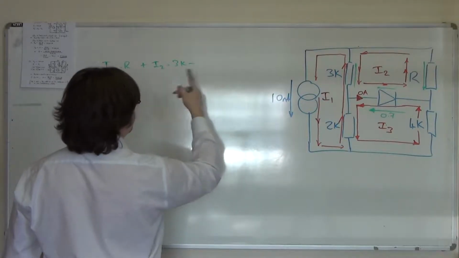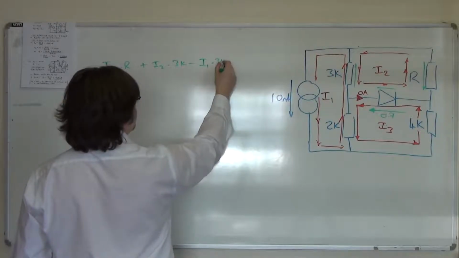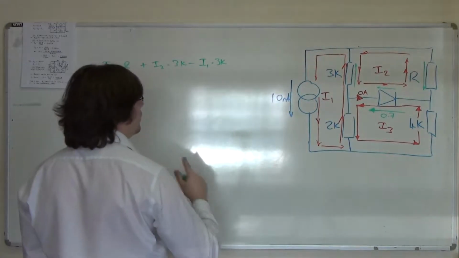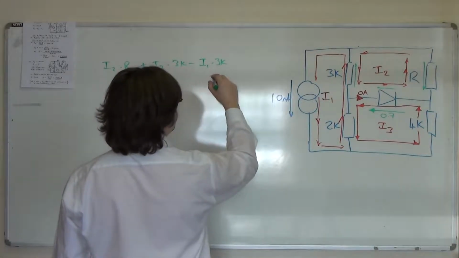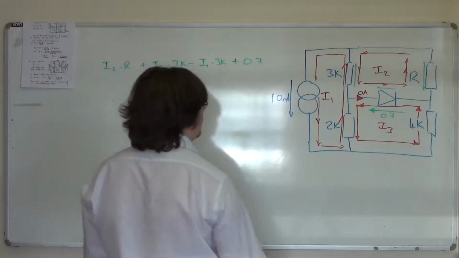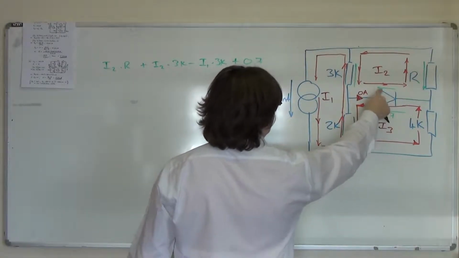So we'll put I1 in, we'll substitute later, minus I1 times 3K, and then we've got the diode, which we know at the moment is a 0.7 volt source, and that's added. It's added because the 0.7 volt and the voltage that we've got due to I2 are facing the same way.